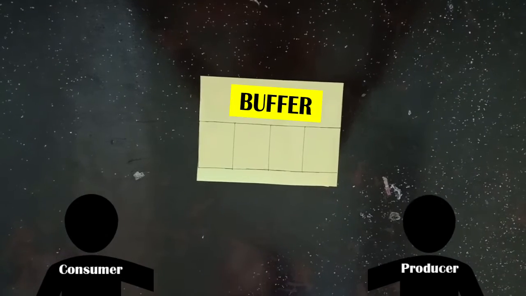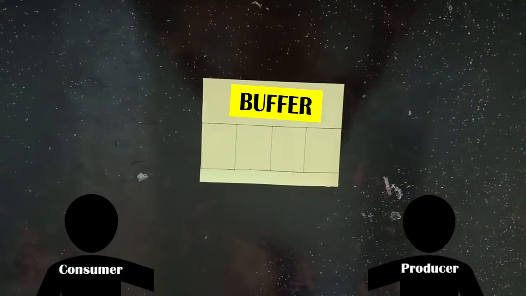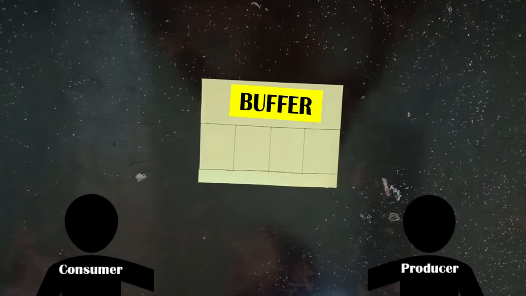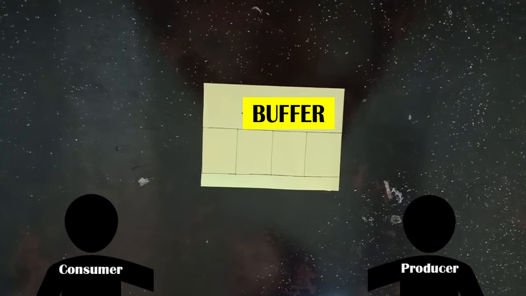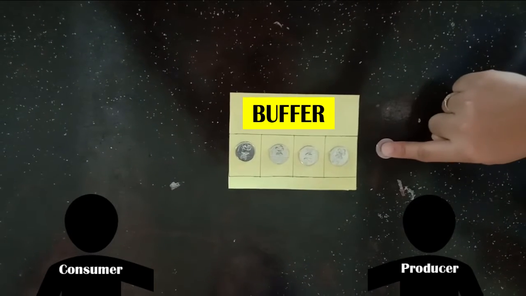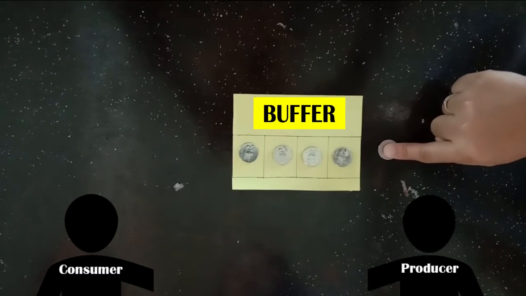The buffer that they use to exchange these data items is in fact a shared memory that can hold a certain number of items. The producer made a new item, but there is no place in the buffer.